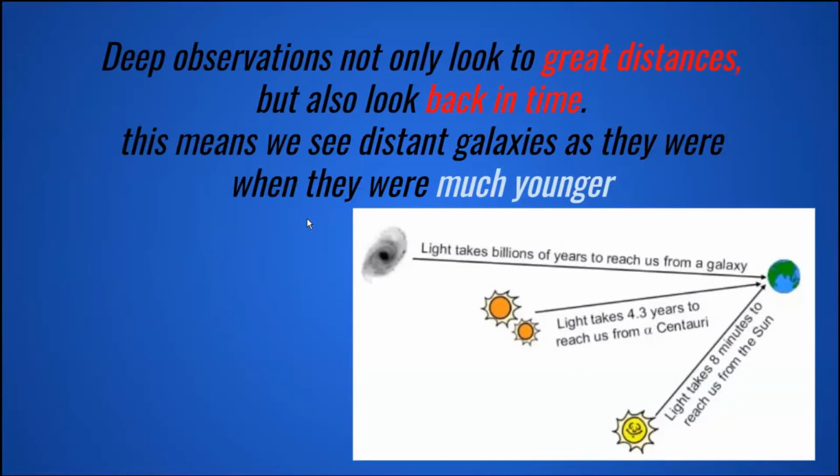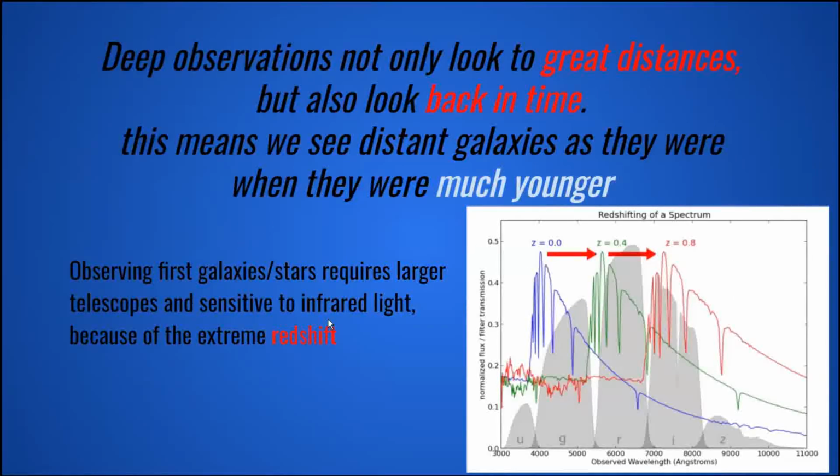What's interesting, though, is that in that deep field, we have seen galaxies that don't exist anymore, not in that form, which allows us to see back in time, essentially. We see what the universe was like quite close to the Big Bang. As I said, a spectrum moves with redshift.